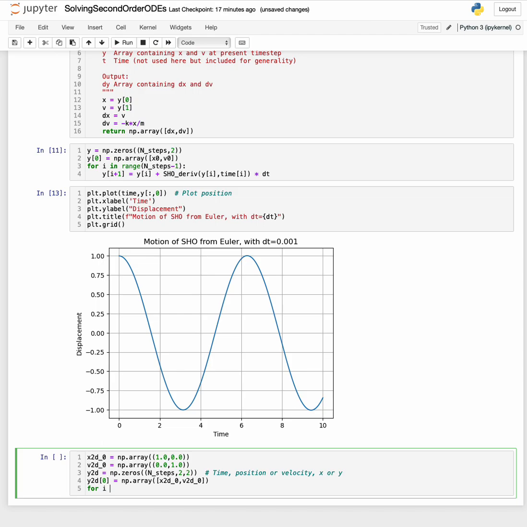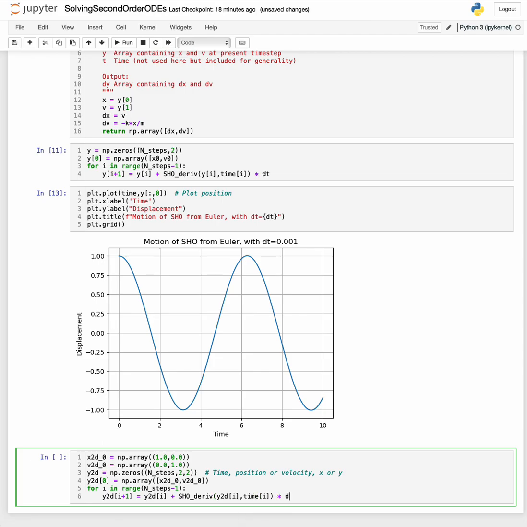And now we'll do for i in range n steps minus 1, y2d of i plus 1 is equal to y2d of i plus the right-hand side, no, what was it called? It's SHO derivative, there we are, of y2d of i, comma, time of i, times dt.